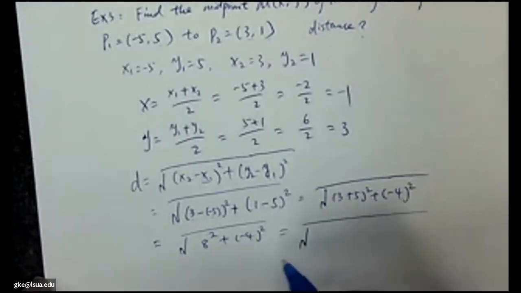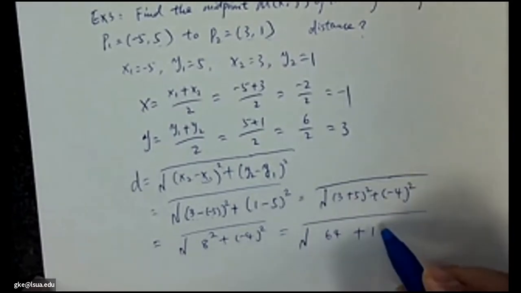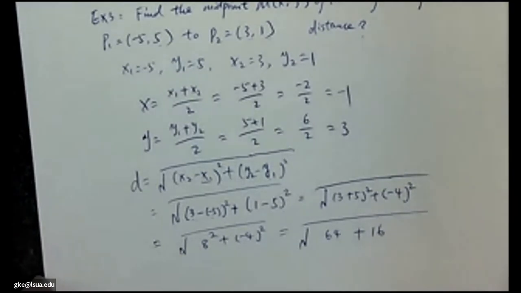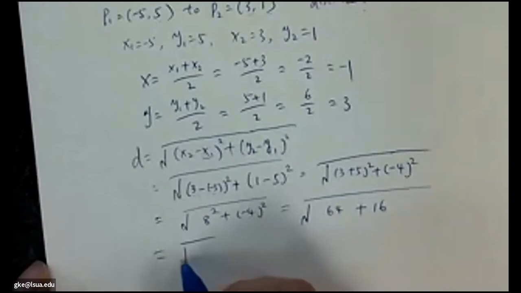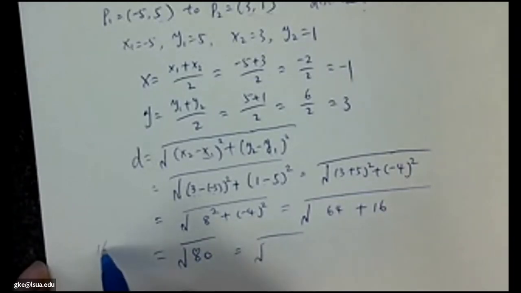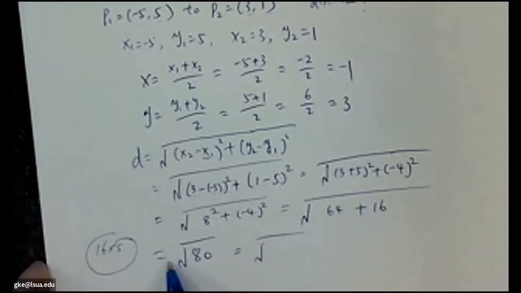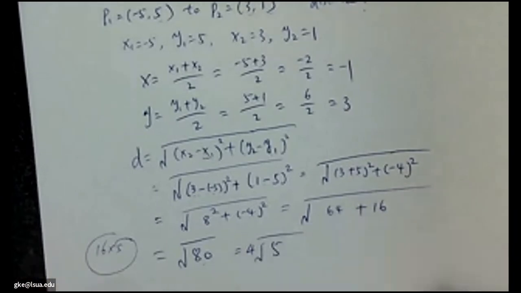Of course, you can calculate the square, 64 plus 16, and then we can get 80. 80 can be written down as 16 times 5. So we're gonna get 4 square root of 5. 4 square root of 5.